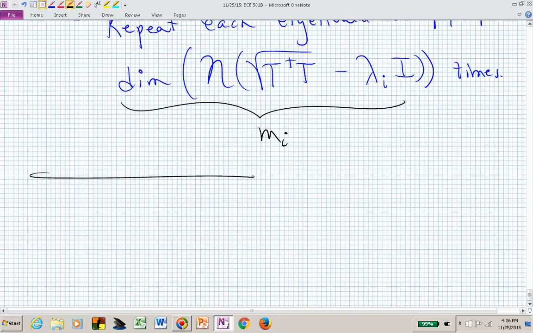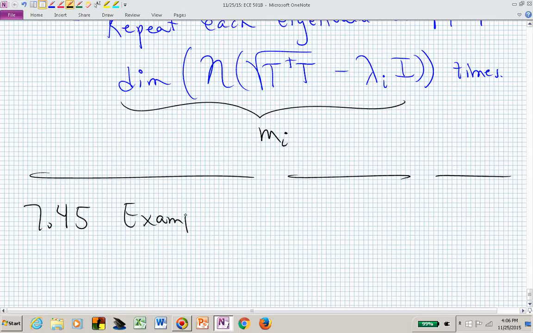Let's look at an example of singular values, and this is coming to us in the second edition of Axler, starting with equation 45 in chapter 7.